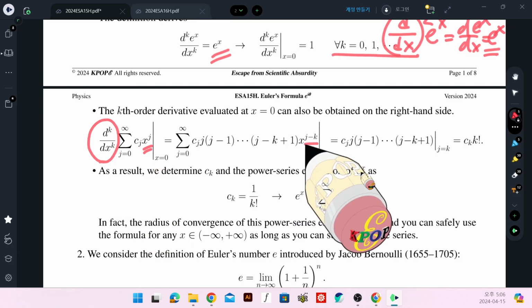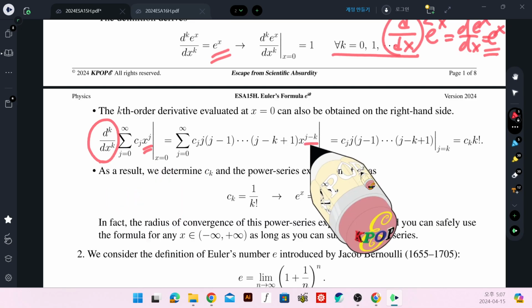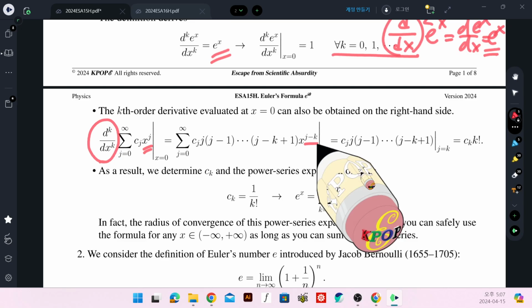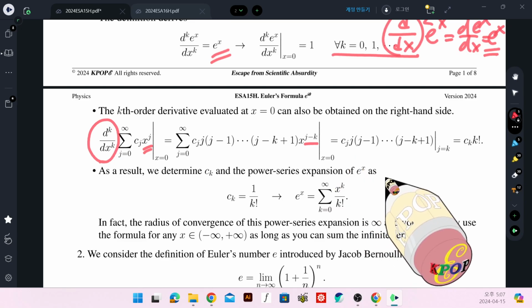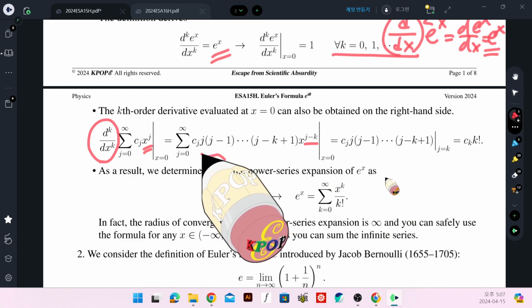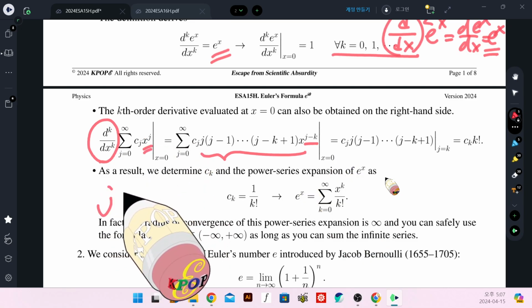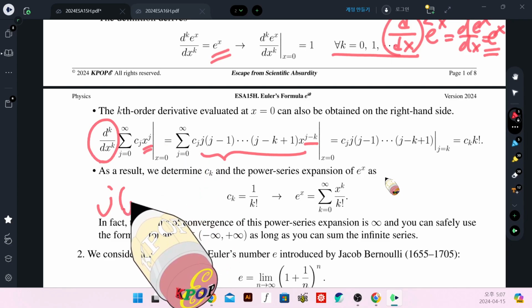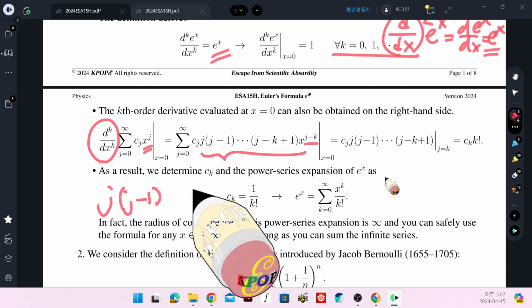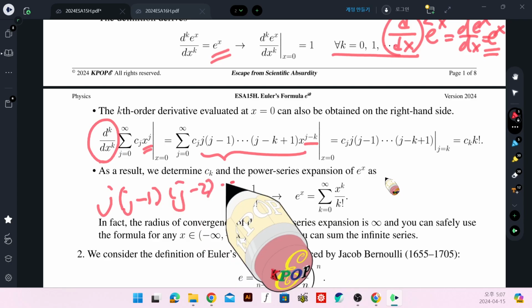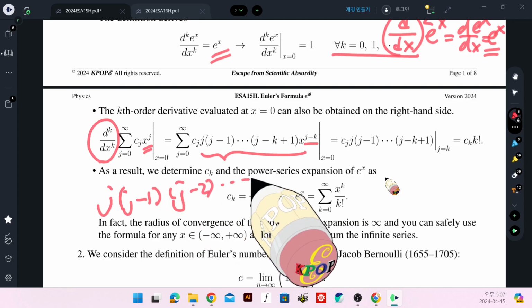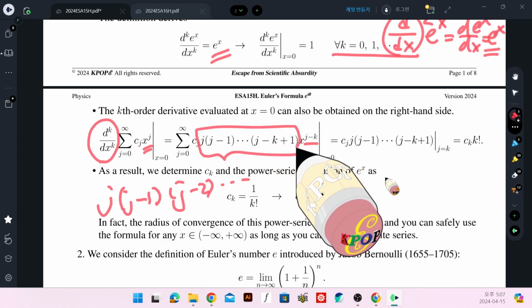The power of each term decreases by k, and we have an additional factor that comes from the power j, then j minus 1, j minus 2, and so on.